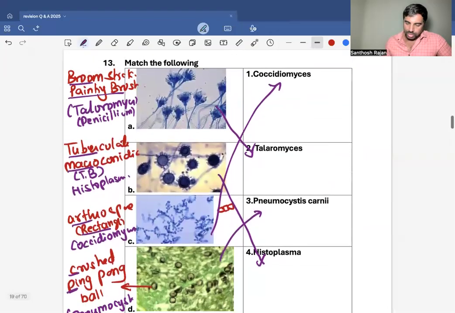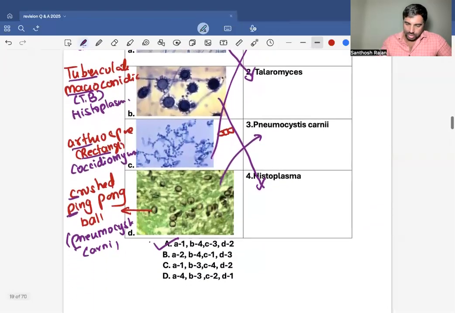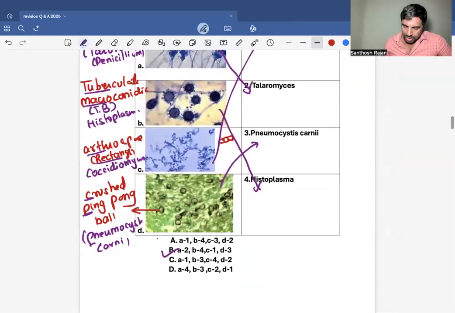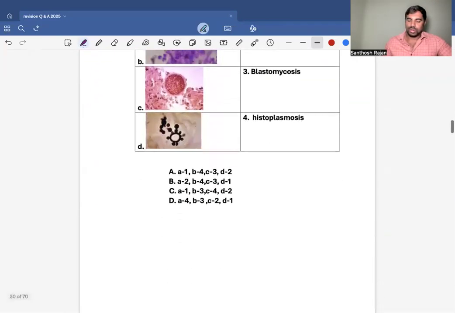Once again, A is 2. Yeah, sorry, this is the second option actually. A is 2, B is 4, C is 1, and D is 3. Right. Easy. So you already marked, no problem.